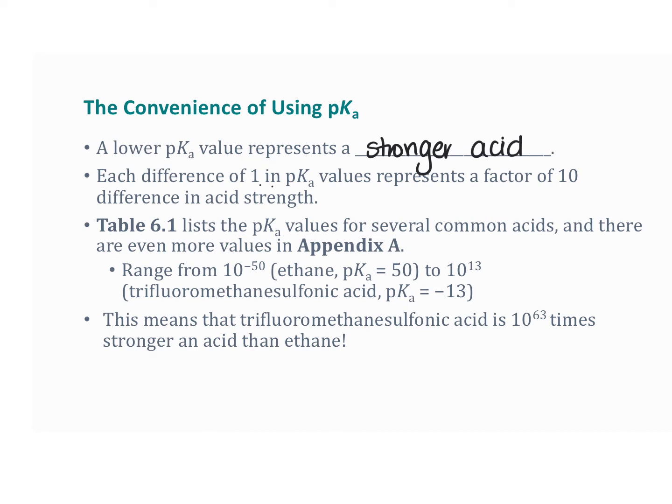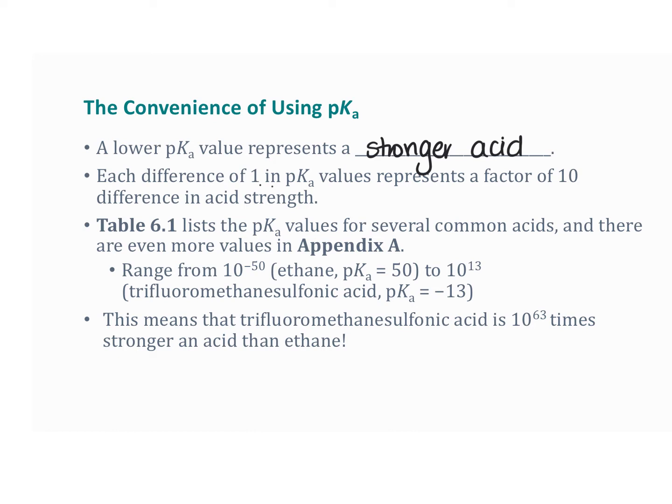Now, the strongest of these acids, which would have a pKa of about -13 on this table, appears at the very top of the first column, and the weakest of those acids appears at the bottom of the second column.